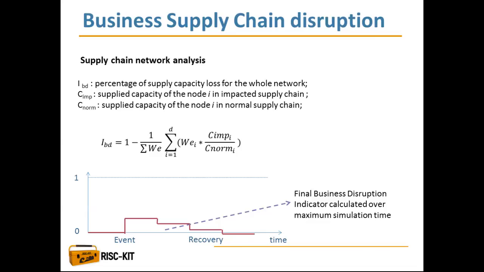This indicator is calculated daily during the simulation and integrated over time. As for the other network disruption indicators, the value is calculated between 0 and 1, 0 indicative of no impact.